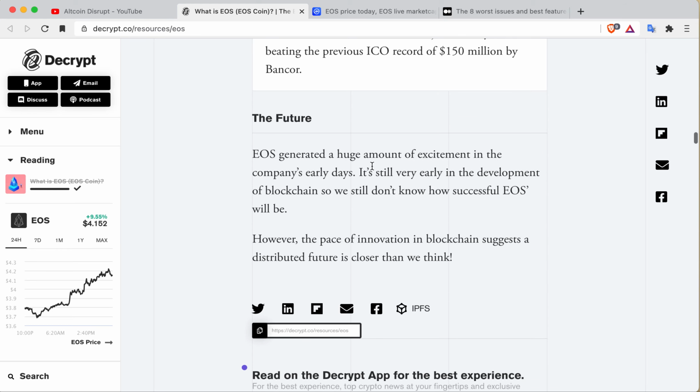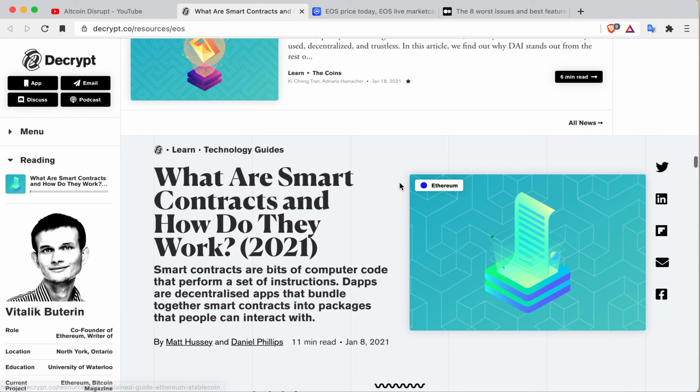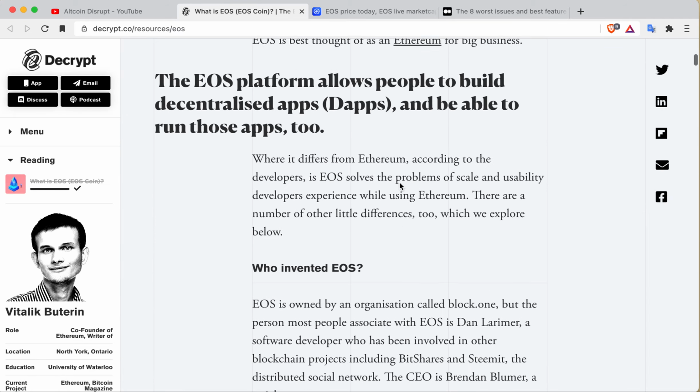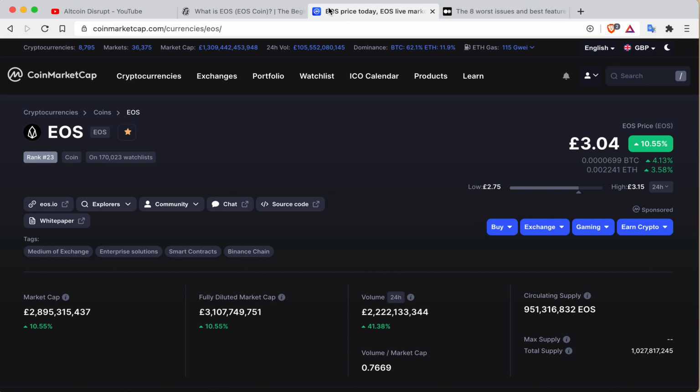They fail to mention this, which is really strange. Which is why I always advise people to do your own research, because I'm not a financial advisor and this is not financial advice. But if you don't do your own research, you will miss a lot of information about EOS.